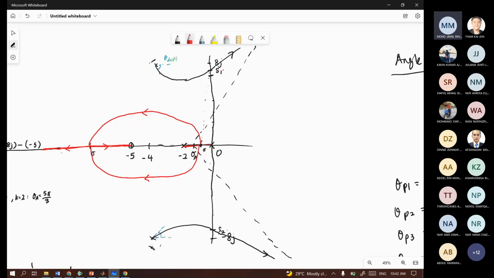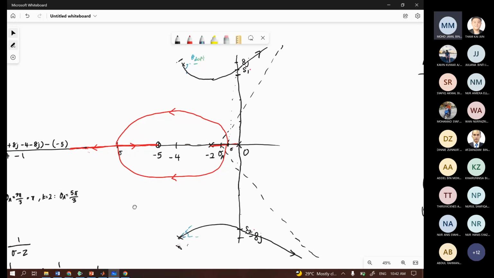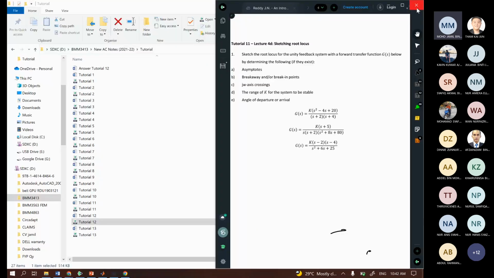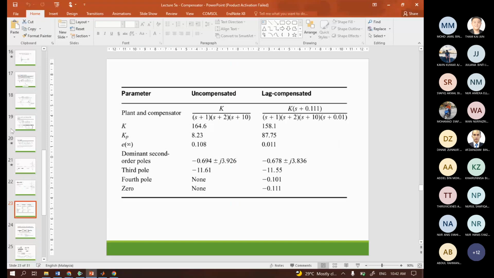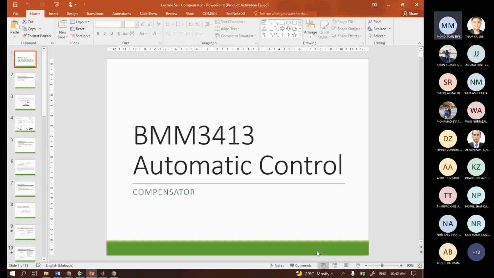Okay, if you have no question on root locus, I hope you can try to do your project and try to understand how to calculate all of the properties for root locus, because the question will definitely come out in your final exam on sketching the root locus. Okay, so let's move on to this lecture, which is about compensator.